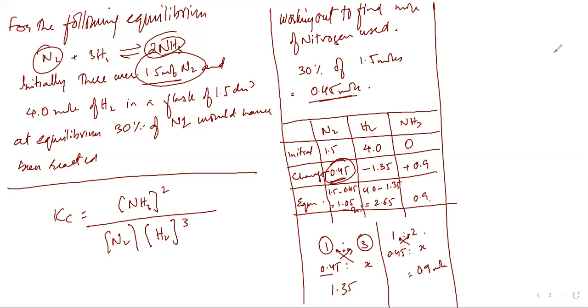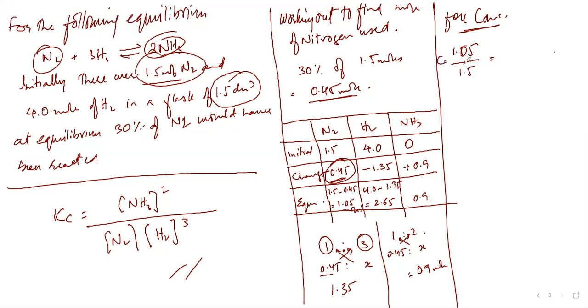So I have got the moles. Now I have to find the concentration. For concentration, I need to know the volume of the flask, because I need concentration for the main formula. So this becomes 1.05 over 1.5 dm cube.